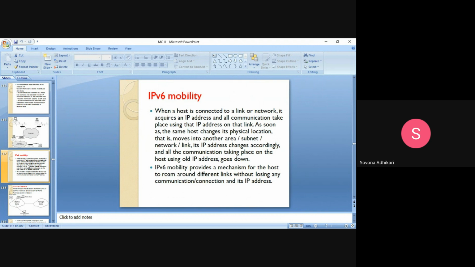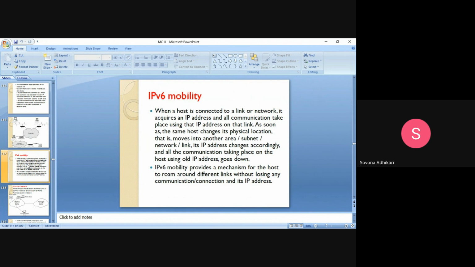Internet Protocol version 6 mobility. So this is also another internet protocol. When a host is connected to a link or network, it acquires an IP address.